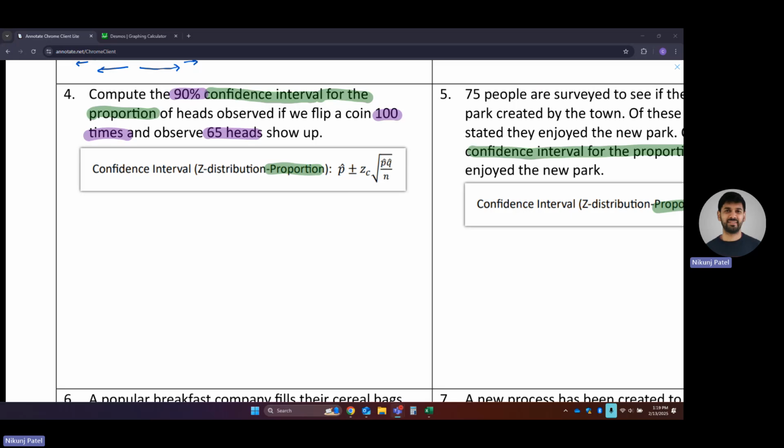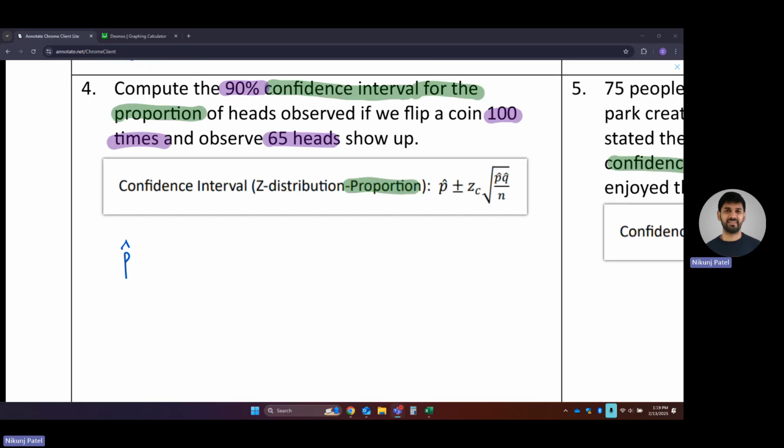So to start off, I'm just going to rewrite the formula. The little symbol above the P is a little hat. It's called P hat. And I'll explain how to determine the value for that. So P hat plus or minus Z critical multiplied by the square root of P hat times Q hat divided by n.